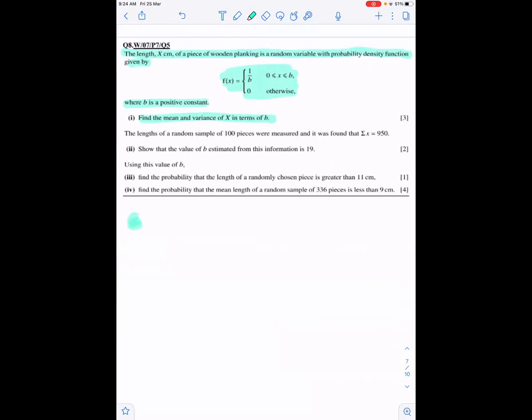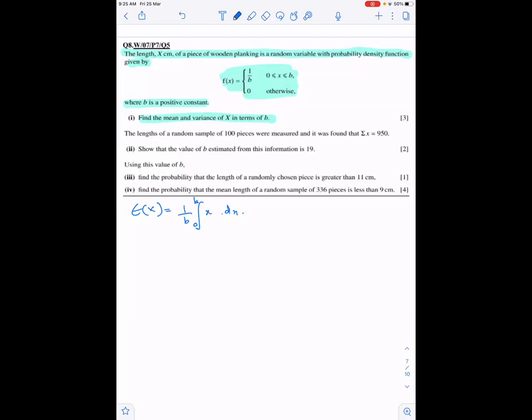So you have to find out the mean and variance. For mean, what do we do? What do we do in order to find out the mean? We have to do the integration. 1 upon b is a constant, so that is going to come out, and the integrand is x with the boundaries b and 0.